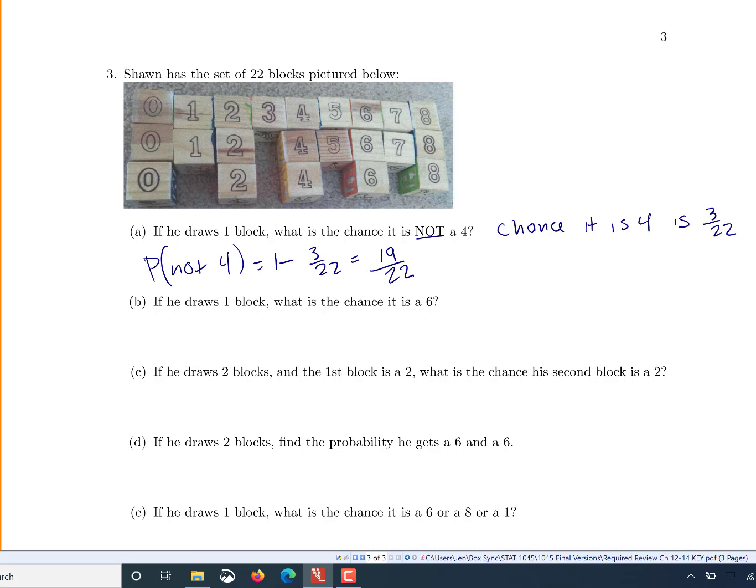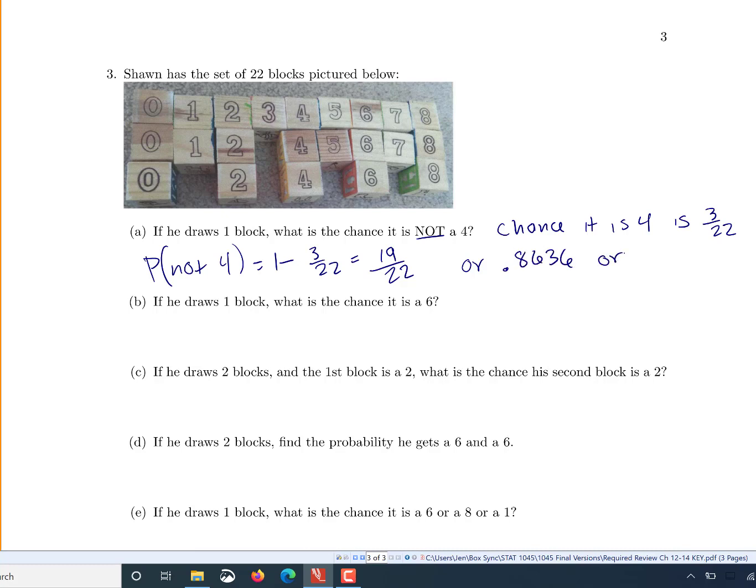Now, on the exam, it's kind of hard just to make sure everyone matches up. Sometimes these will be in decimals. So if you want a decimal, you can put it into your calculator as you do 19 divided by 22. So 19 divided by 22 gives me 0.8636.